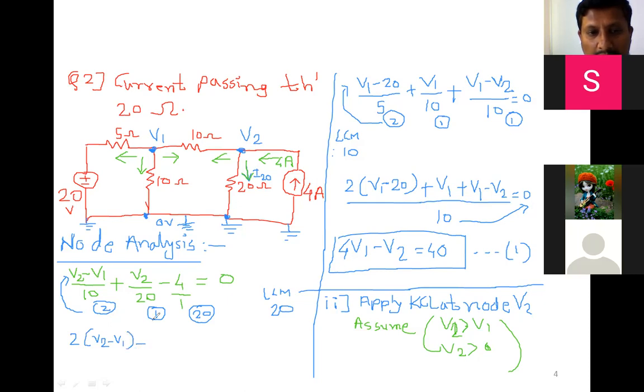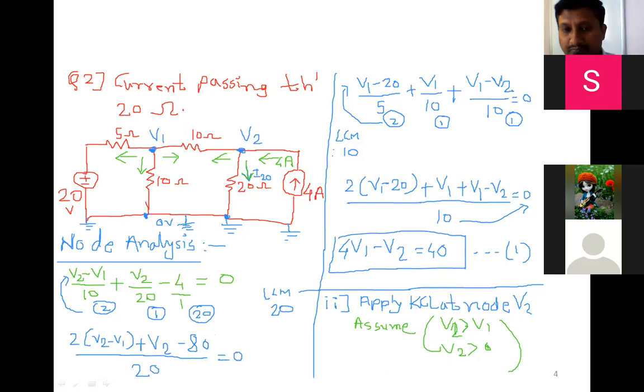Next 1 into V2. Next 20 into minus 4. So it will give minus 80. You can write minus 80 here, divided by LCM 20, and E is equal to 0. Okay. So you can solve this one now.